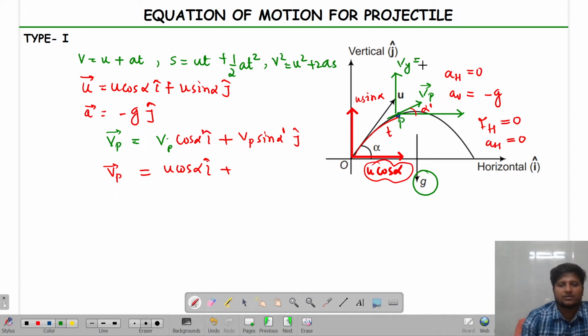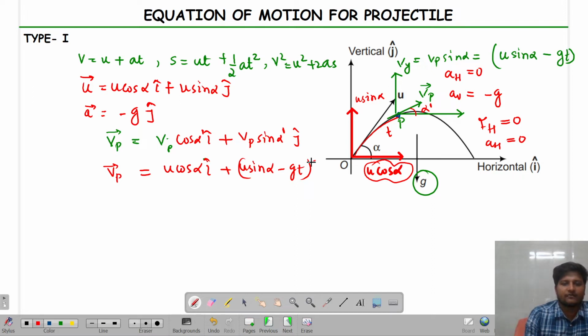That will be Vp sine alpha, which is u sine alpha, my initial velocity along the vertical direction, minus the vertical retardation component, minus g t. So I can write this as u sine alpha minus g t j cap, which you are aware of.